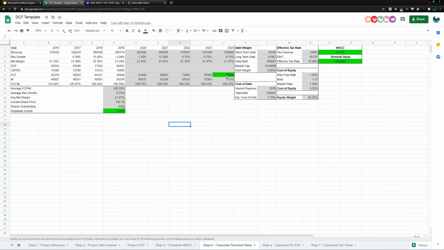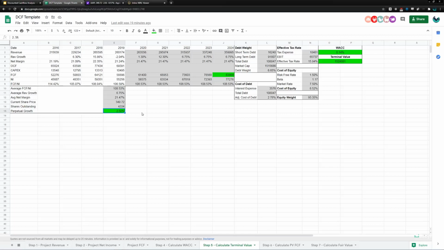What we're going to do is take the last year of our projected free cash flow, and we're going to come up with a growth rate that we can expect Apple to grow at for the rest of its lifetime, realistically. If we just assume the growth rate of the US economy or the world economy, it's probably going to be something like 1 or 2%. So a good way to do this would be to use a 2.5% or a 2% perpetual growth rate.